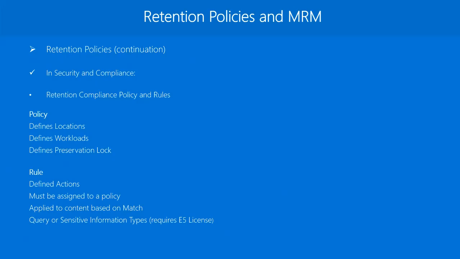With E5 license, you can deploy retention based on either sensitivity types, which is the DLP sensitivity types, or query editor, which is similar to what is available in content search. If there are labels associated with the rule, you will see some published compliance tag associated with the rules.